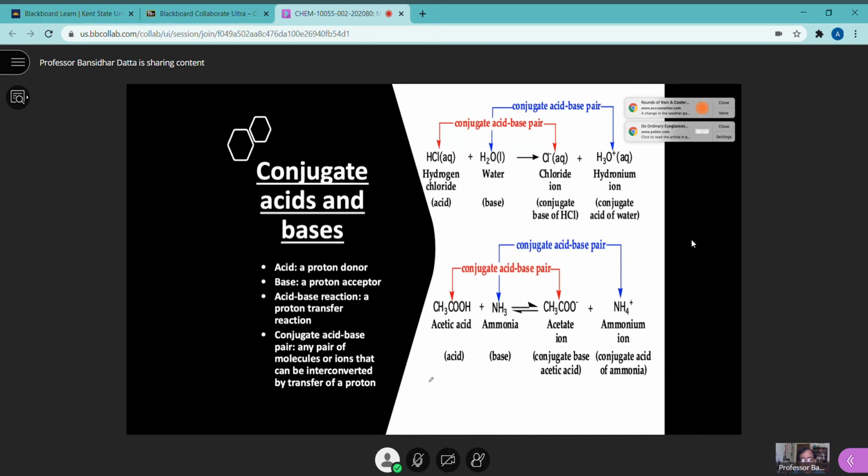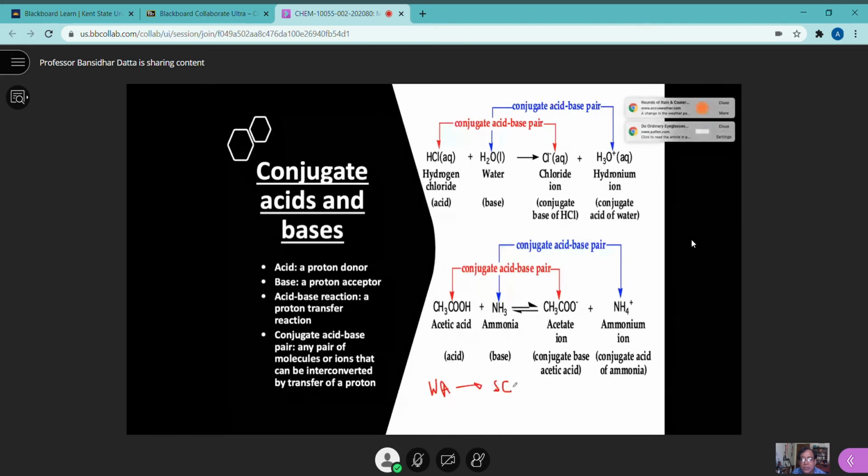Let's say the weaker the acid, the stronger the conjugate base. Everyone okay? Weaker the acid, stronger the conjugate base.